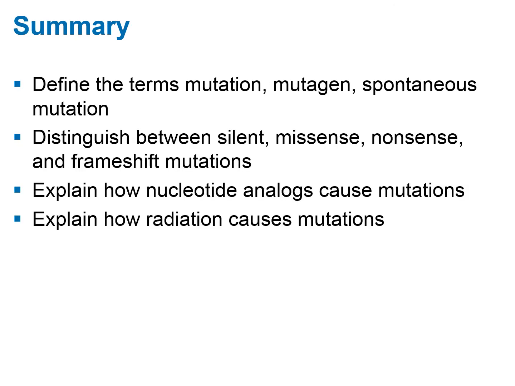In this video, we've talked about mutations, which are changes in the nucleotide sequence of a cell or organism. We said that they can be caused by mutagens, which are chemicals like that 2-aminopurine that we looked at, or environmental conditions like radiation, or these mutations can happen spontaneously when there is no chemical or environmental condition involved.